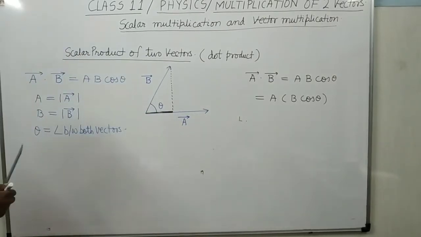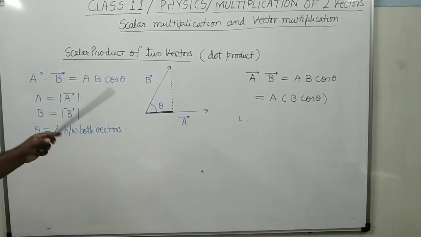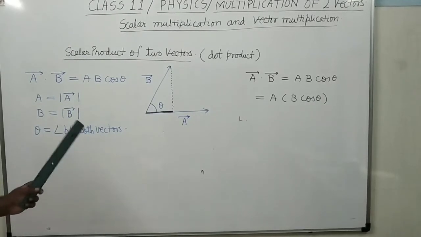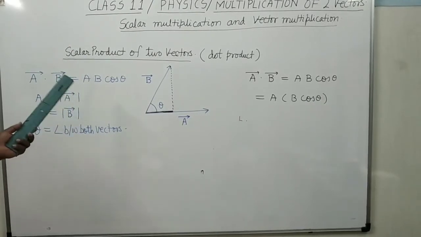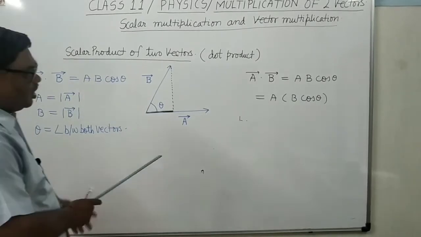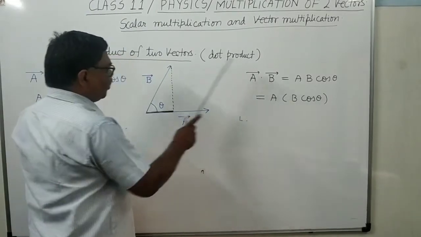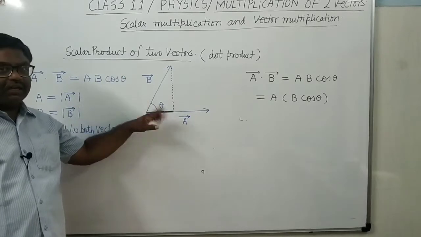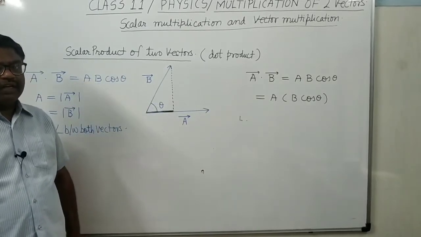Or in other words, we can say that it is the magnitude of the component of vector B in the direction of vector A. It is clear?